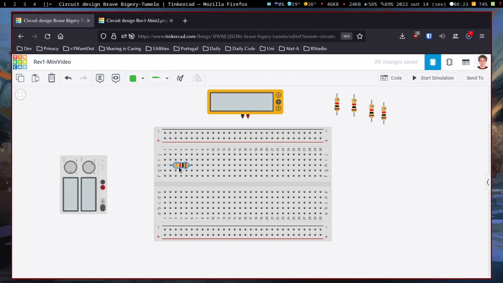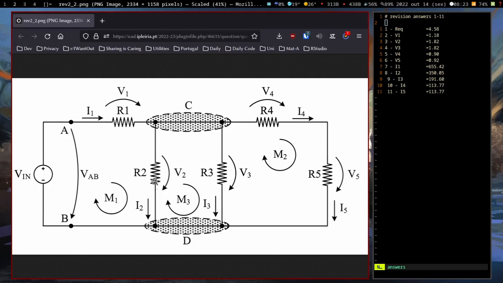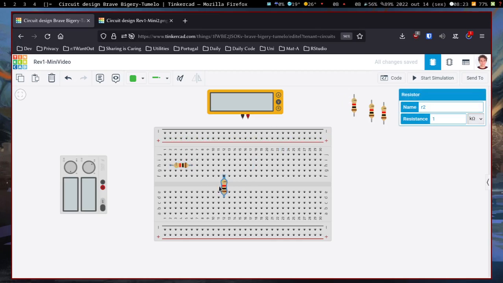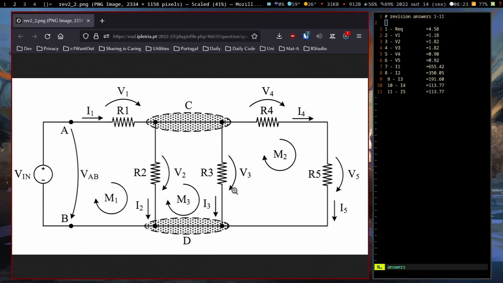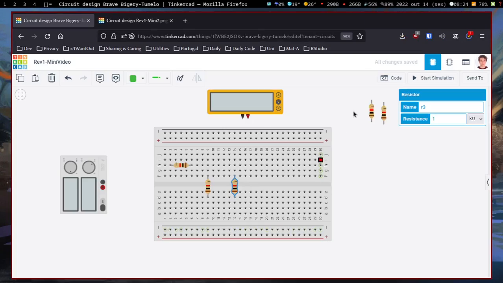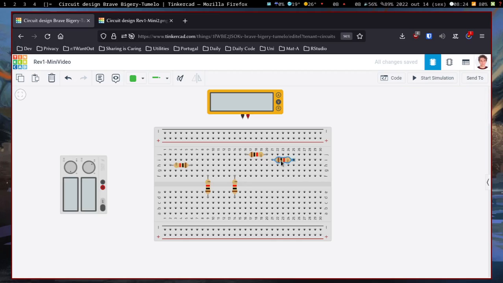Then we have R2, R3 in parallel, and R4 and R5 in series. Okay, this is the bare bones.